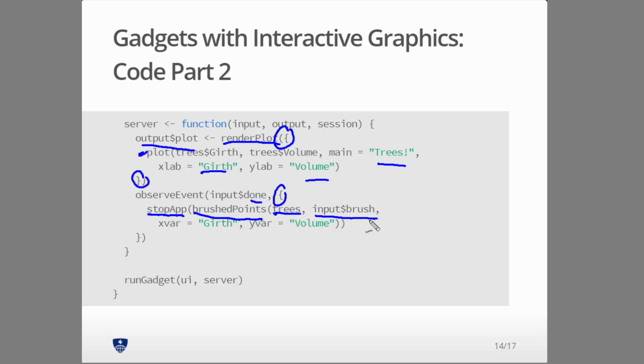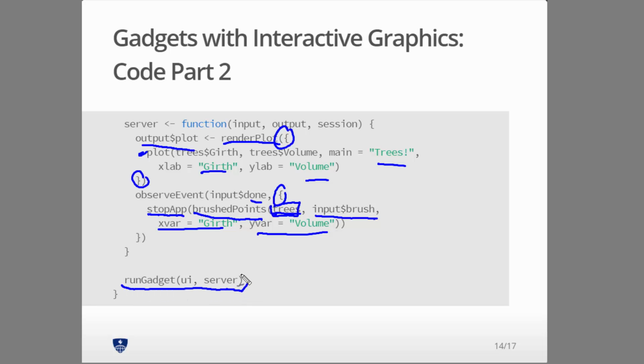That's the variable from before when we declared our plot statement in the UI and named our brush. This is where we're using it here. That's the input, and then the xvar and the yvar here have to be the correct names from the data set trees. Okay, and then we have our run gadget statement.